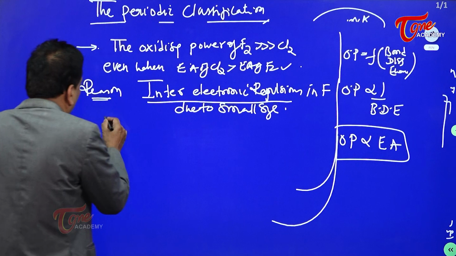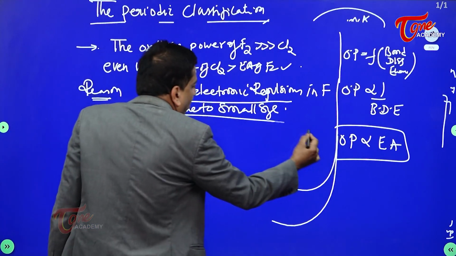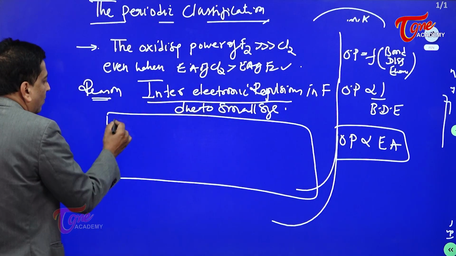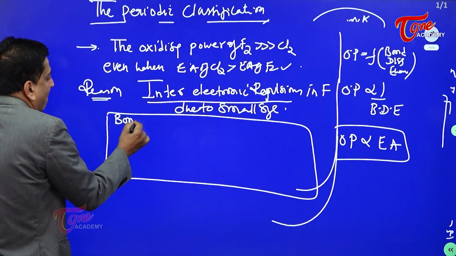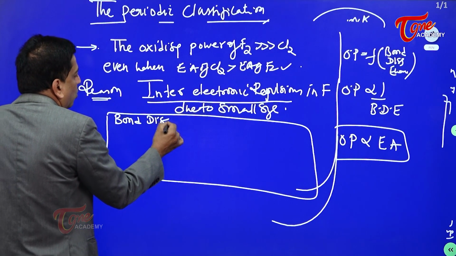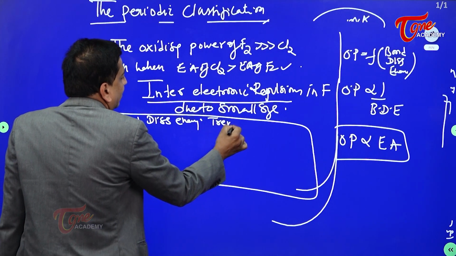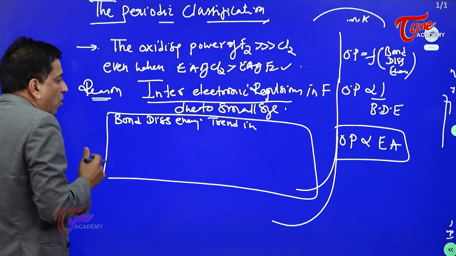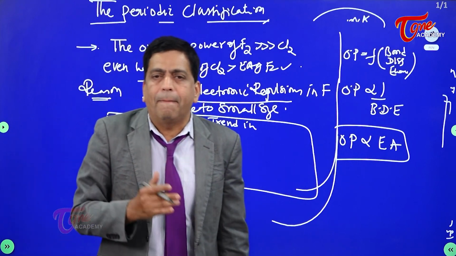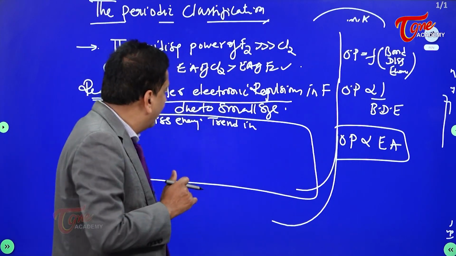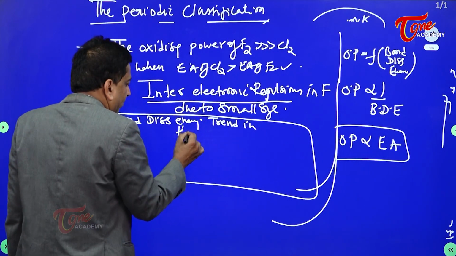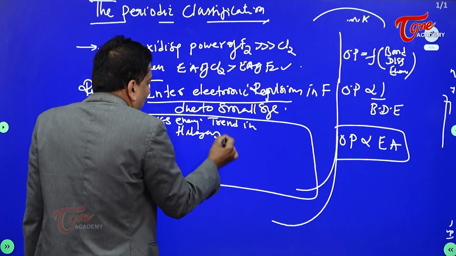What do you mean by that? If you look into this, this question is 100% sure in the exam. Bond dissociation energy trend in halogens. It is like this.